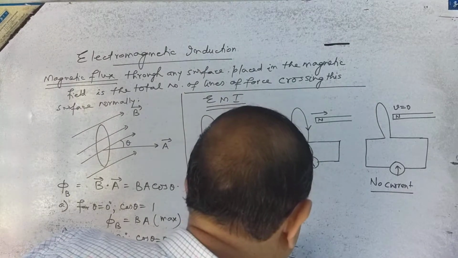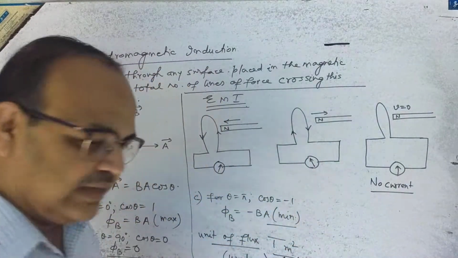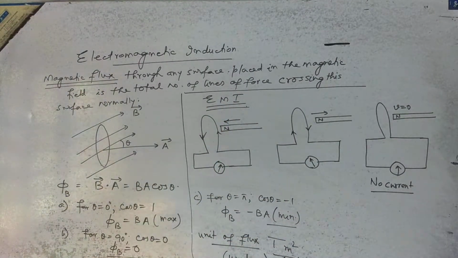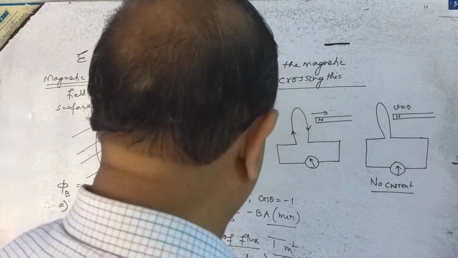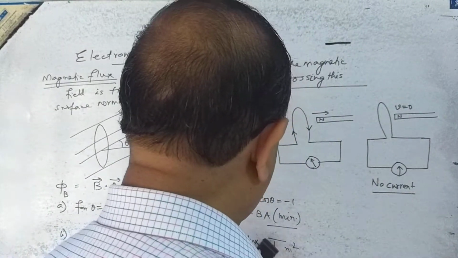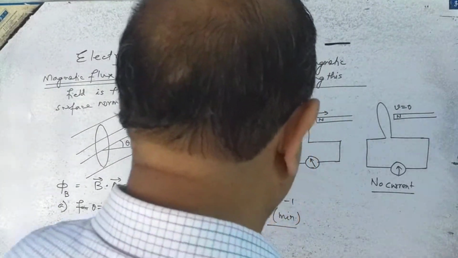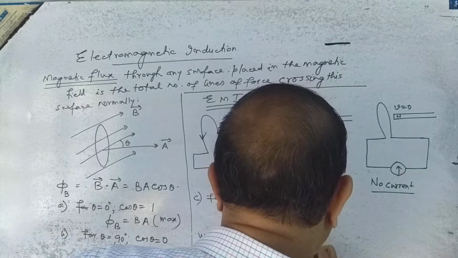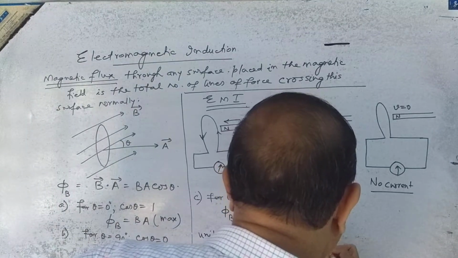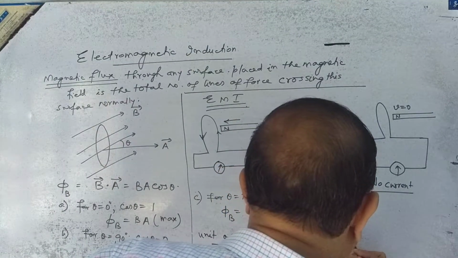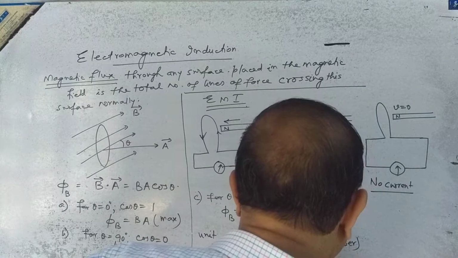It is written as WB. I think again it is not visible, sorry. Unit of flux, Tesla meter square, which is called Weber, that is WB.